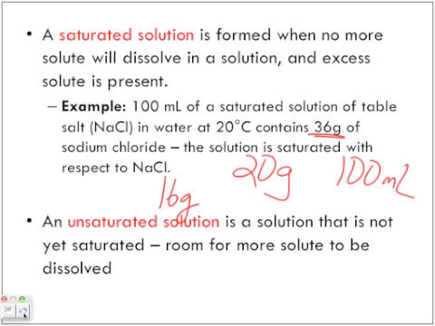So if I'm only dissolving 20 grams of salt in that volume of water, I technically have an unsaturated solution. I have not reached my capacity for the amount of solute that can possibly be dissolved within these 100 milliliters of water.